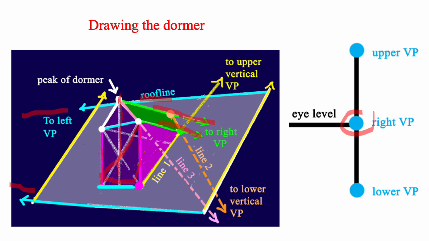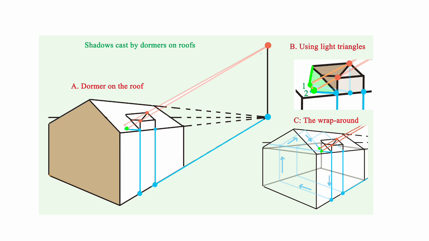Then all other vanishing points go either to the upper or the lower vanishing point, which have vertical relationships with the right vanishing point.